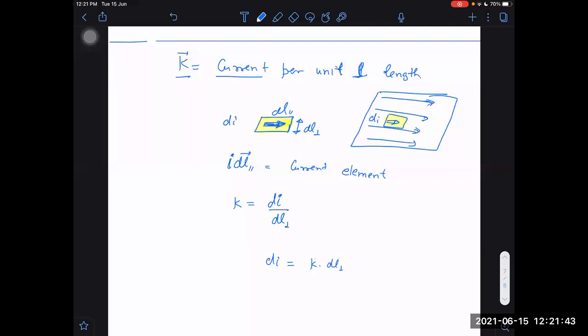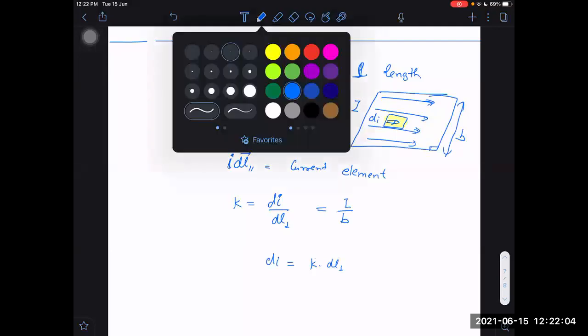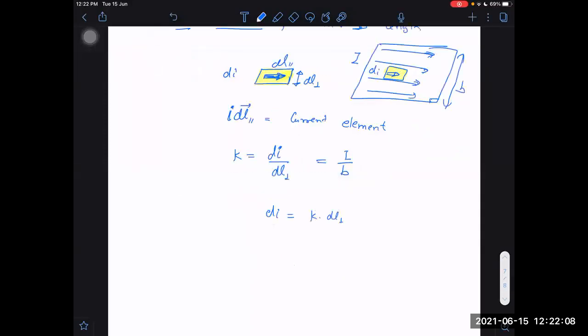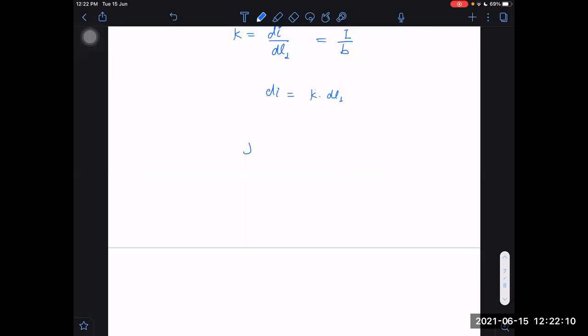If the total current is I and the total width is b, and it is uniformly distributed, then I can also say K is equal to total I upon total b. Understood? So the K vector is like the J vector only, but the difference is that in J we take current per unit area.